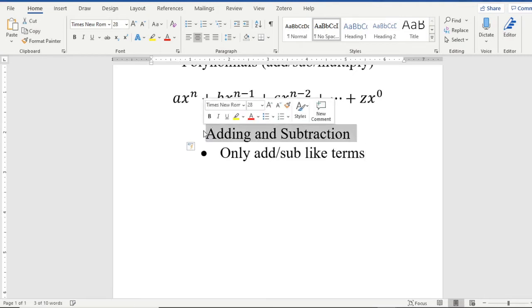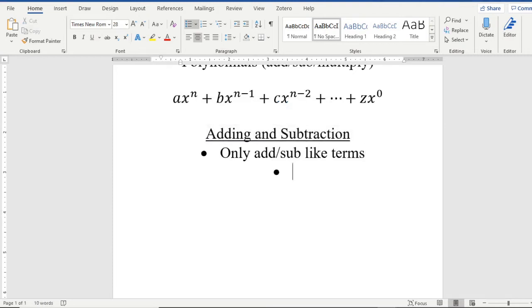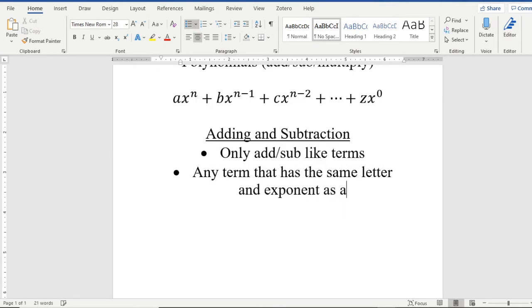We can only use like terms. So a like term, I'll put any term, that has the same letter and exponent as another is a like term.